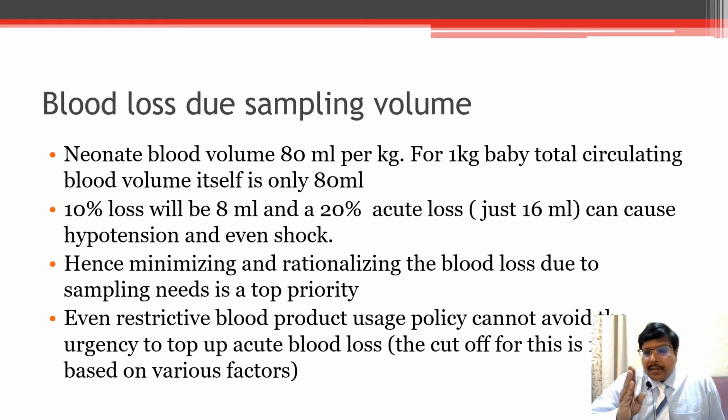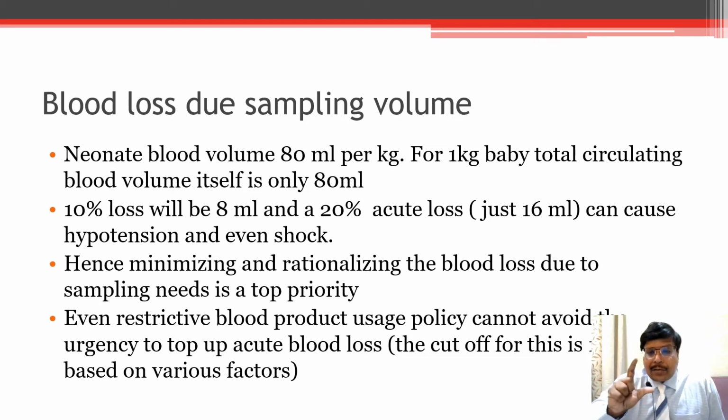It's a much more complicated ICU than adult. A neonate is a miniature adult, but the nanotechnology is more difficult than ordinary technology. Understand that, and you'll get why I focus on sampling techniques and the right results for proper evaluation of the baby. So 10% loss will be 8 ml.